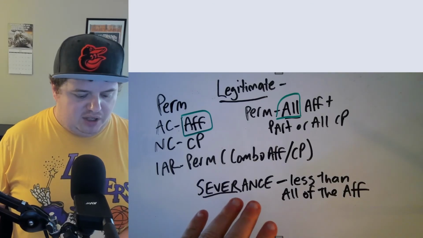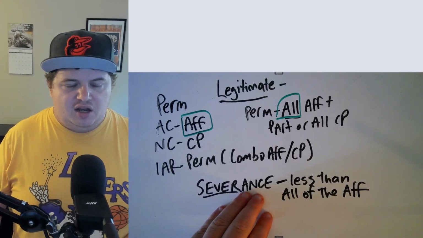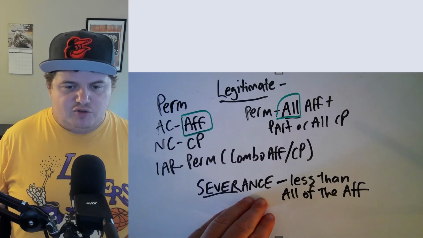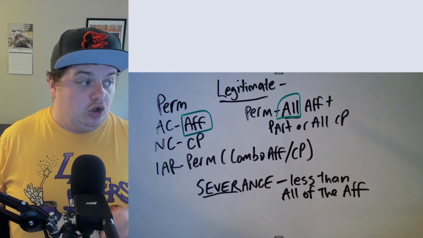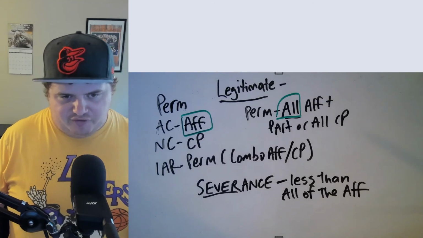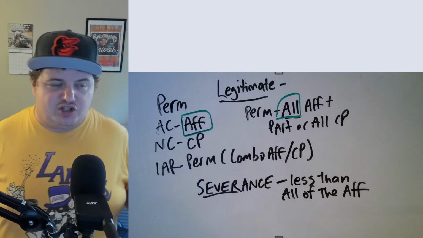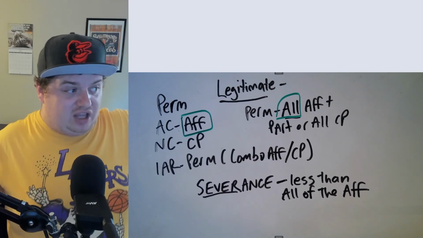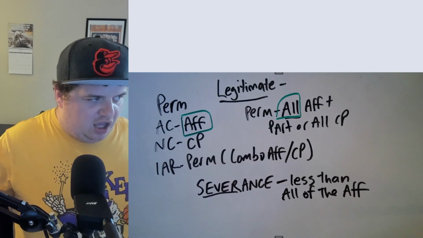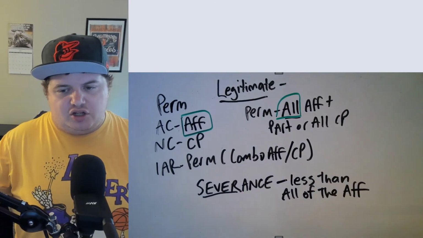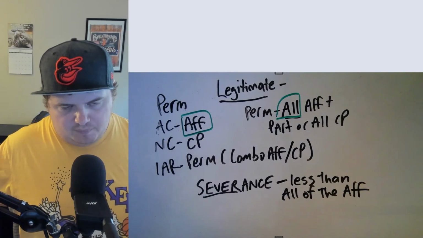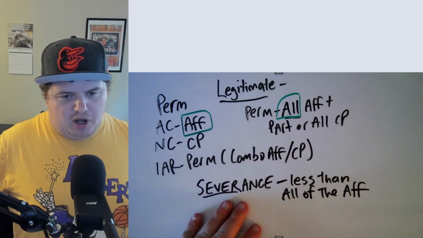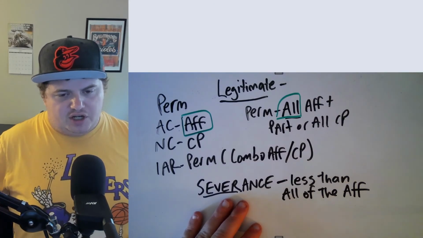But normally, if the affirmative presents a severance permutation, they're not going to lose the debate on just that. It's just in the instance that they do advocate for that, that it is an argument that is really useful to have in your arsenal.